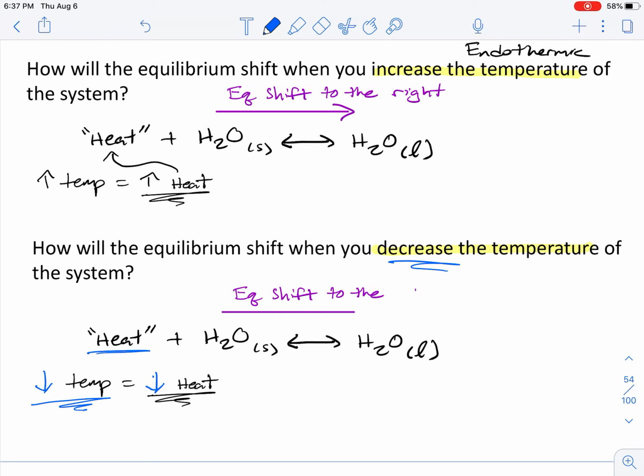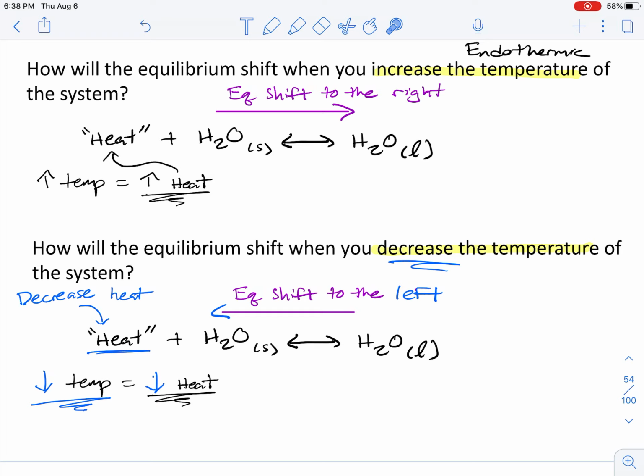So we're going to decrease heat, then the equilibrium will shift to the left to replenish the heat that was lost to the surrounding.